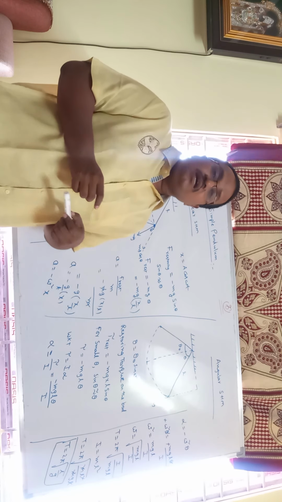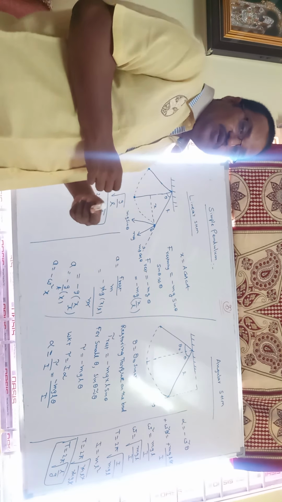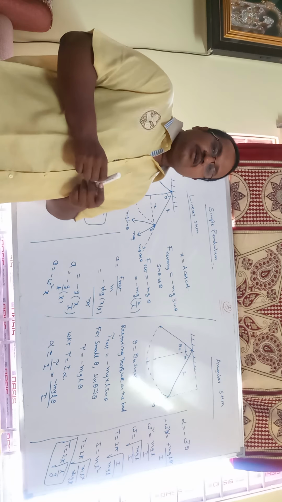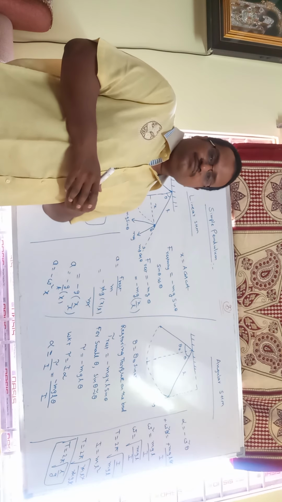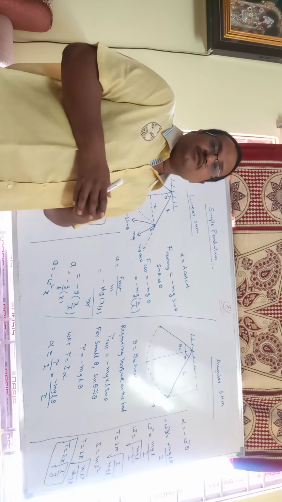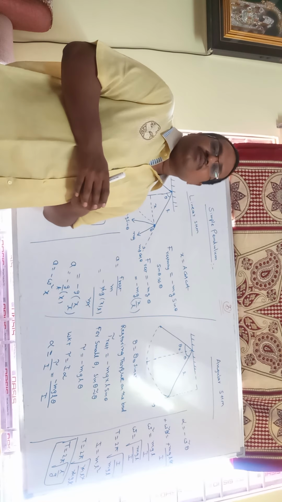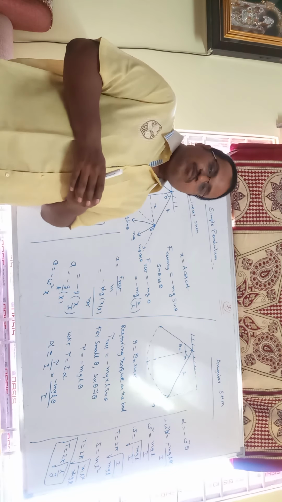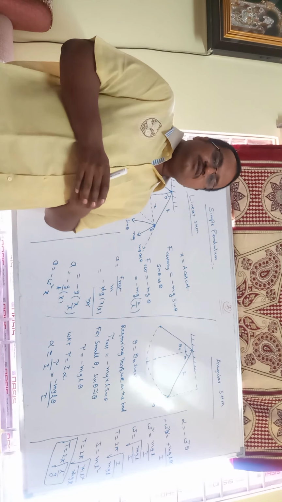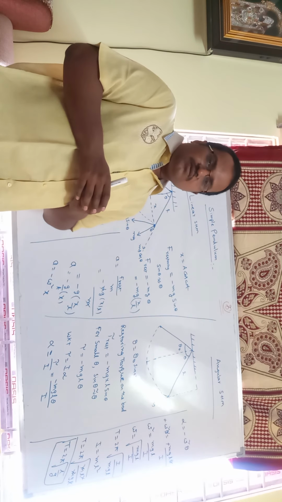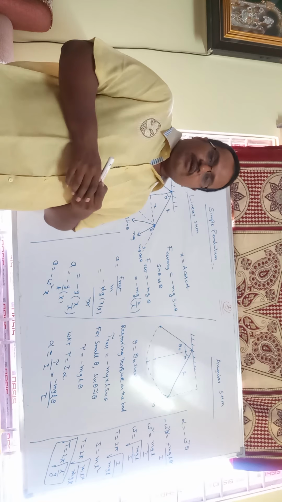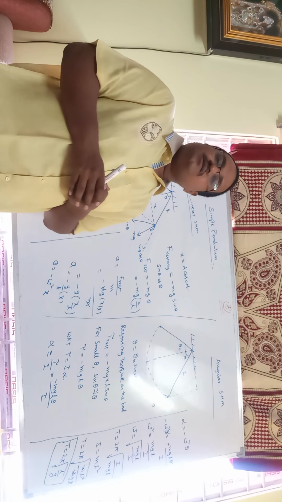The thread should be inextensible and also have some rigidity. That is called a simple pendulum. Now we can compare linear simple harmonic motion and angular simple harmonic motion. What is linear simple harmonic motion and what is angular simple harmonic motion?